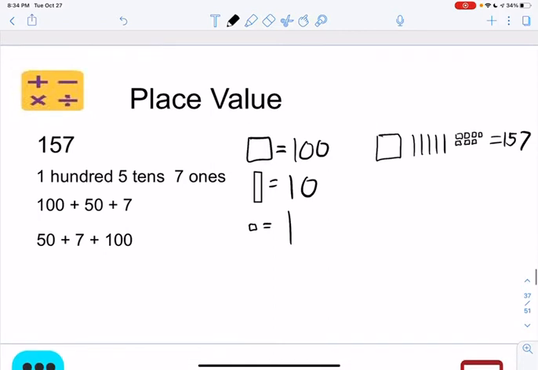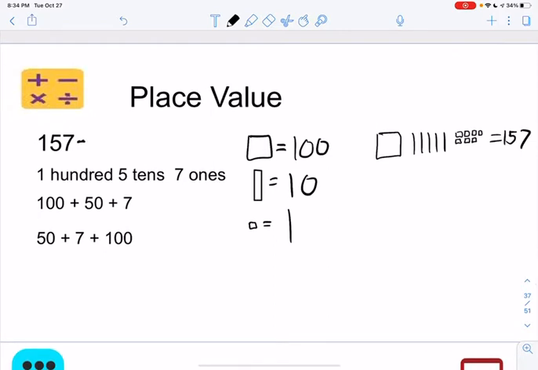Now, that was written in what form? Standard, expanded, unit, or word? It was written in standard form. Now, what is the next one written as? We have 100. This one's actually kind of easy.